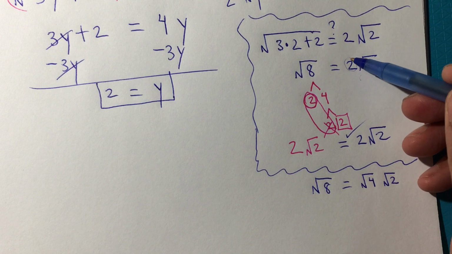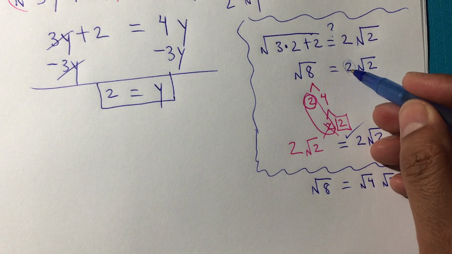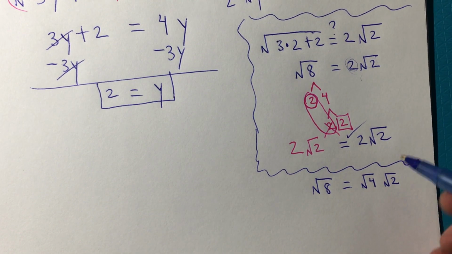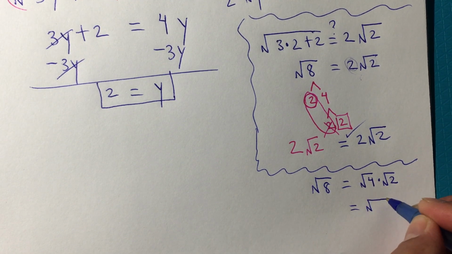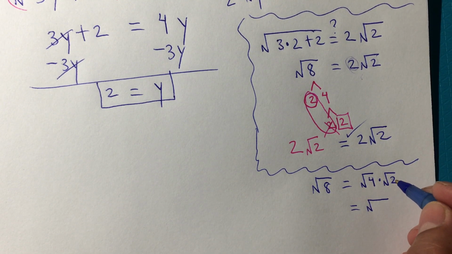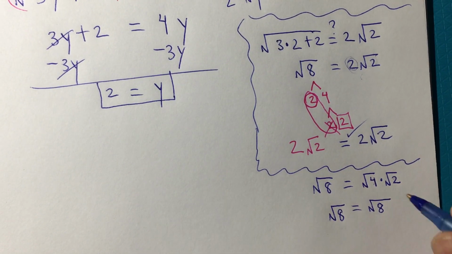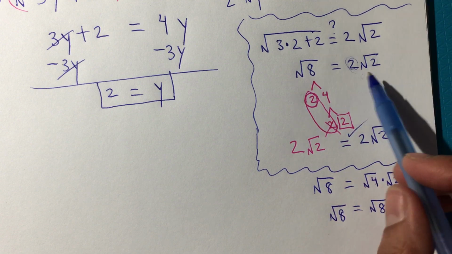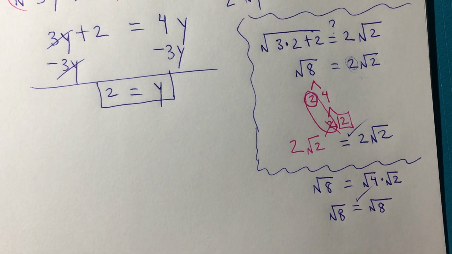All I'm doing is making that into a square root. Bring this down. And now this means multiplication. So whenever you have multiplication inside radicals, all you do is 2 times 4 is 8. And bring this down. So again, whichever way you change or manipulate, you will end up with the same on both sides. Okay, so we say check.